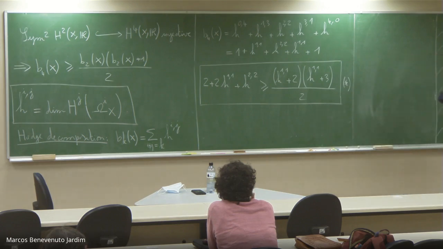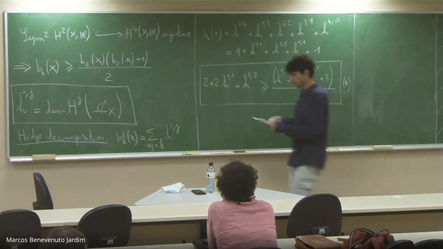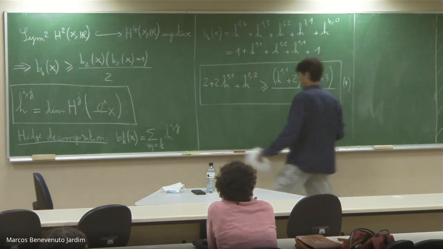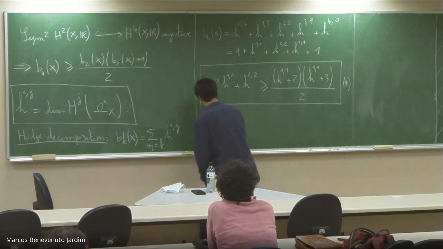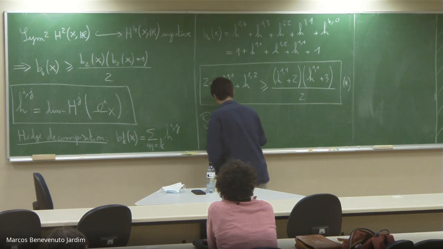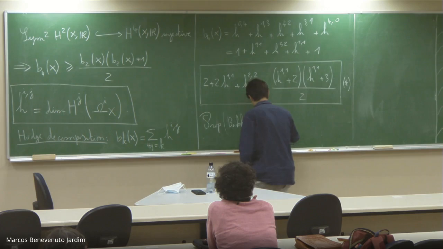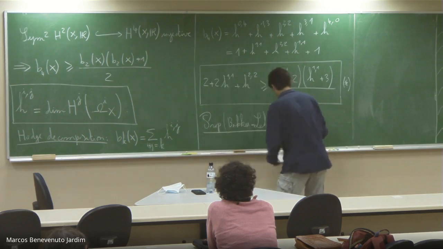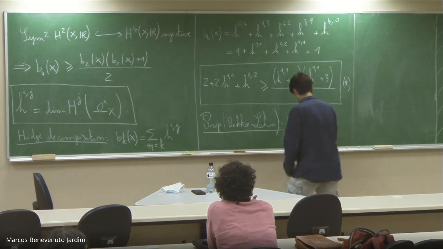I said that this is the Verbitsky theorem, which was given in the smooth case. But actually, we are lucky because there is a generalization by Kapfer in the singular case. Proposition: the Verbitsky theorem is still true in the singular case.